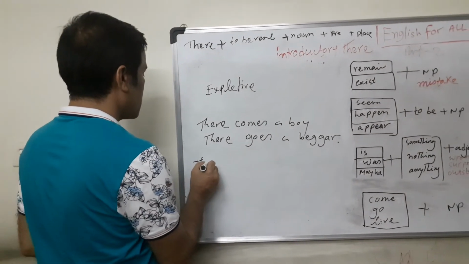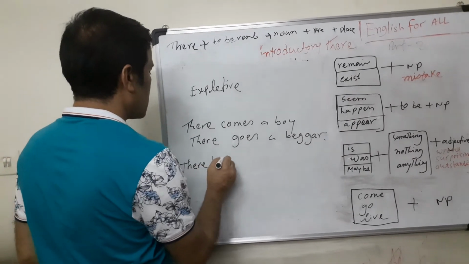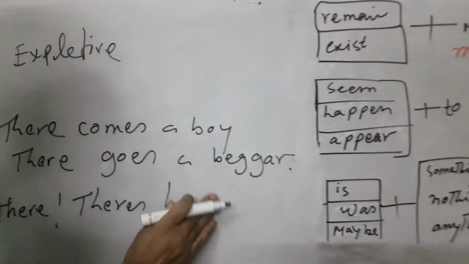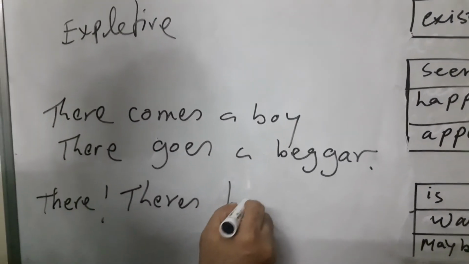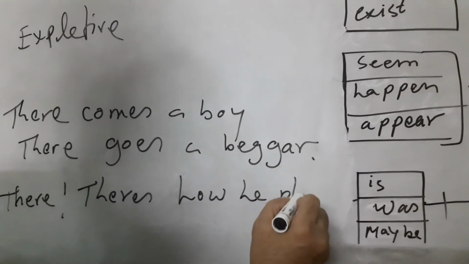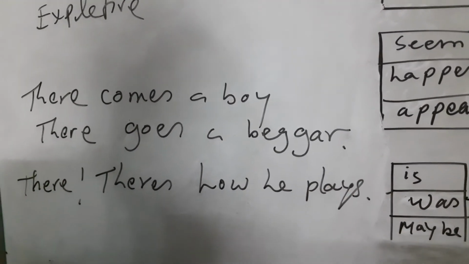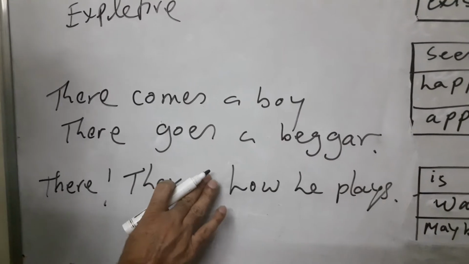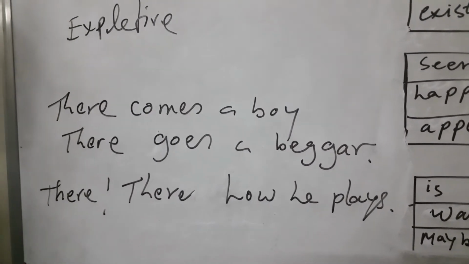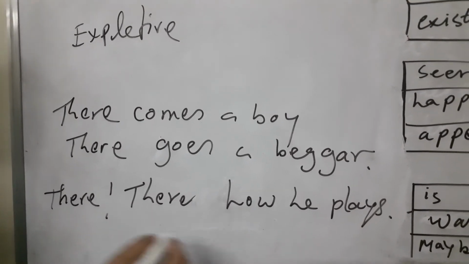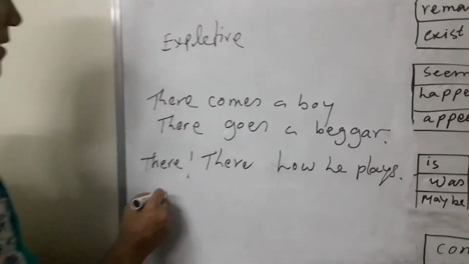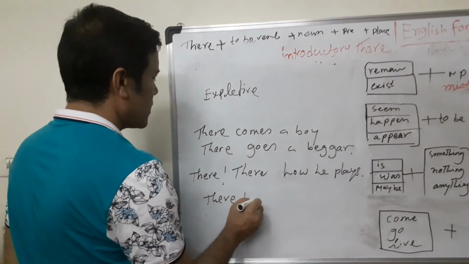There, how he plays. দেখো দেখো সে কিভাবে খেলছে, এভাবে আমরা যদি বাংলা অর্থ করি সেভাবে এই অর্থ দাঁড়ায়। And you can say there, you know everything.